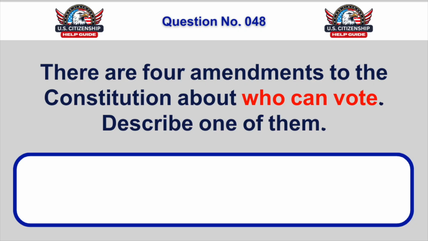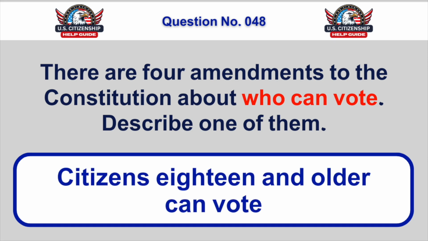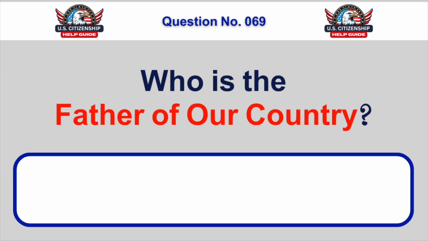There are 4 amendments to the Constitution about who can vote. Describe one of them. Citizens 18 and older can vote. Who is the father of our country?